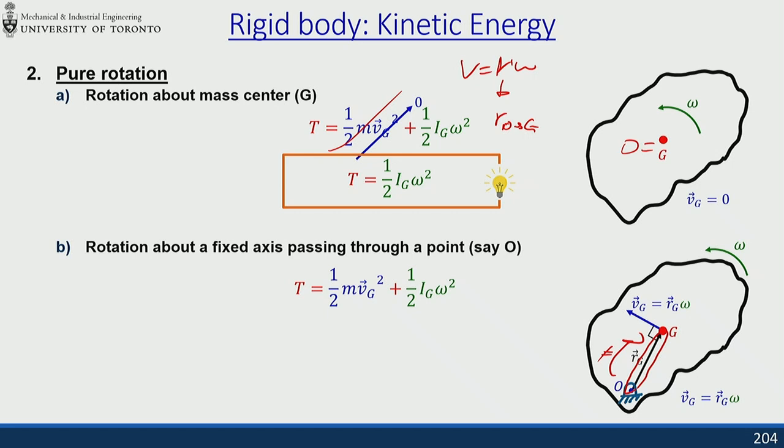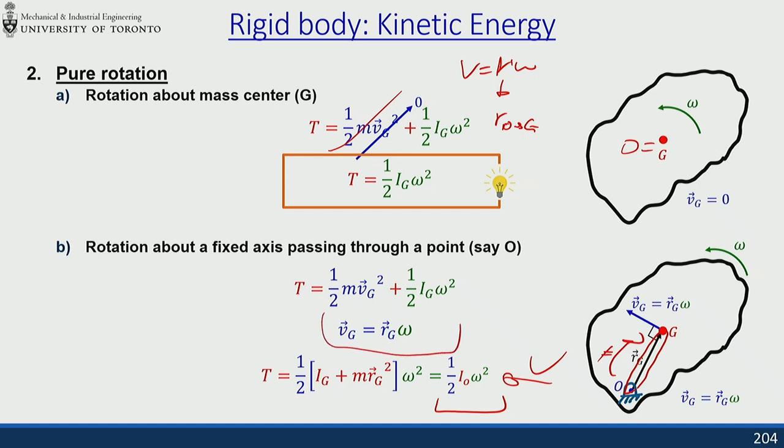However, you can work around a little bit because vg is r omega, so you can plug it in and simplify the kinetic energy to this half Io omega squared. This is a very, very convenient form. If you can use it, you should always use that form. Again, it's the same as that, but it's built in. If it's built in, there's less chance of something going wrong. Questions?